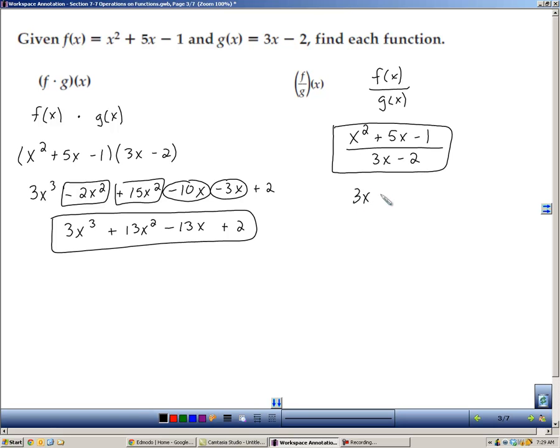And so if I take the denominator and I set it equal to 0 and then solve it, I'm going to get 3x equals 2, divide by 3. So we can find out that if x equals 2/3, that'll create a 0 in the denominator. So we call that an excluded value. So we say that x cannot equal 2/3, and that has to be included whenever you do division.